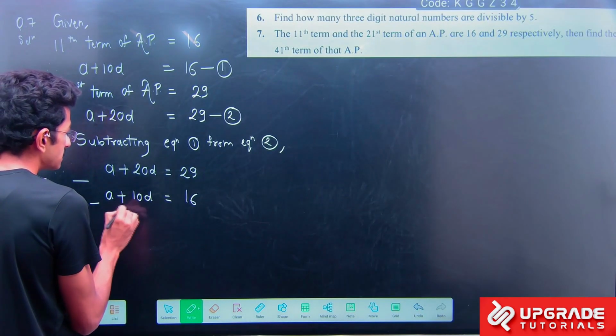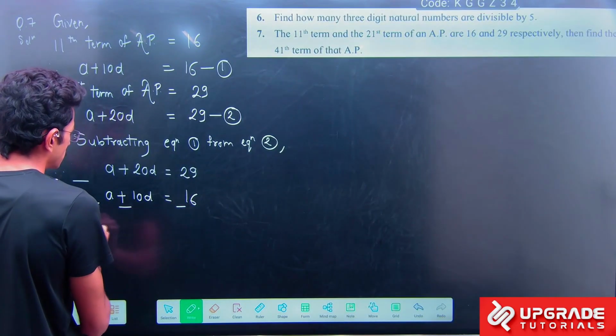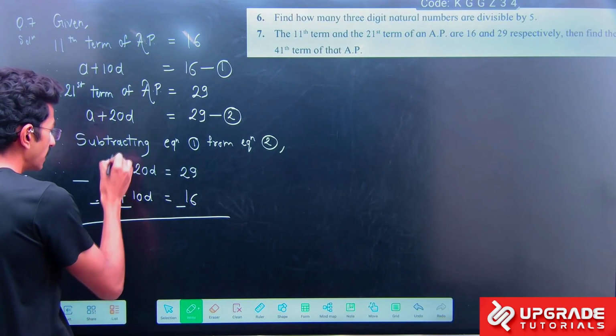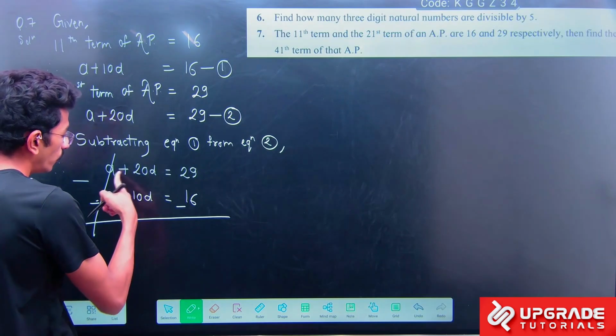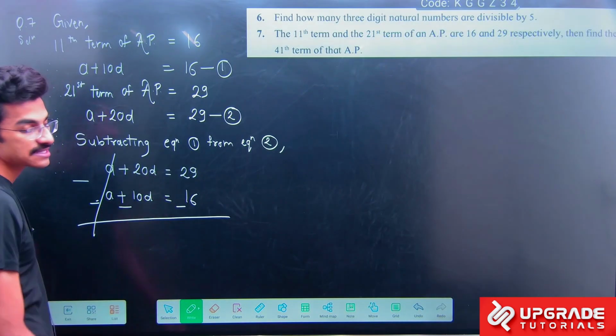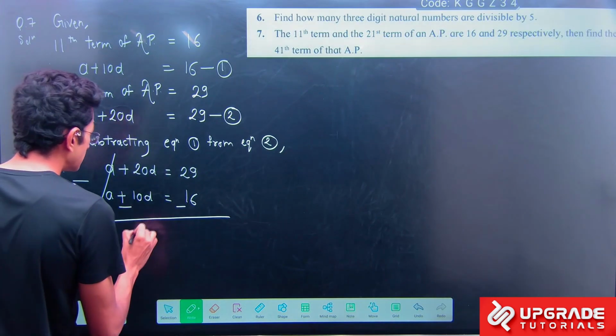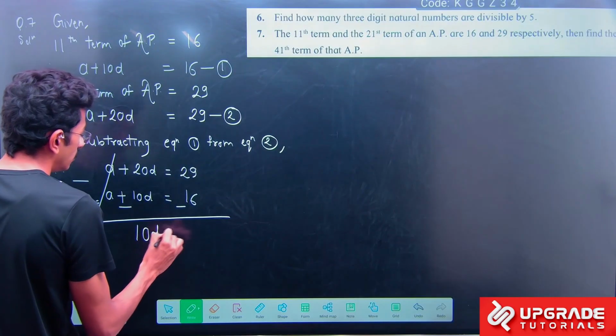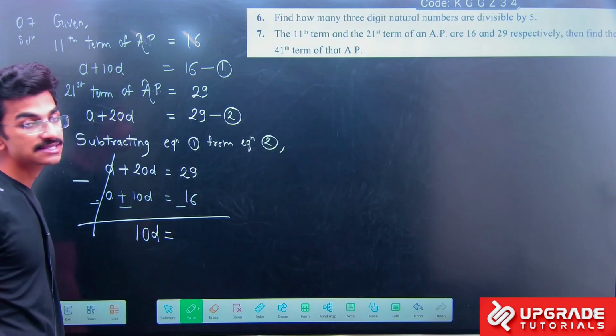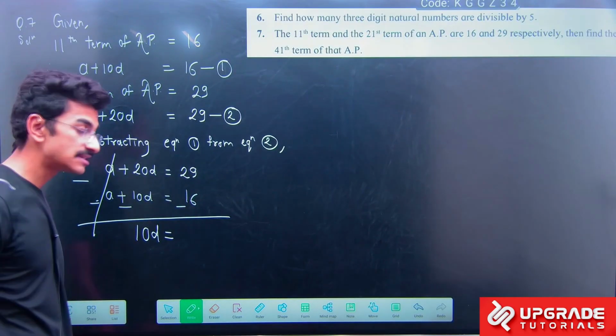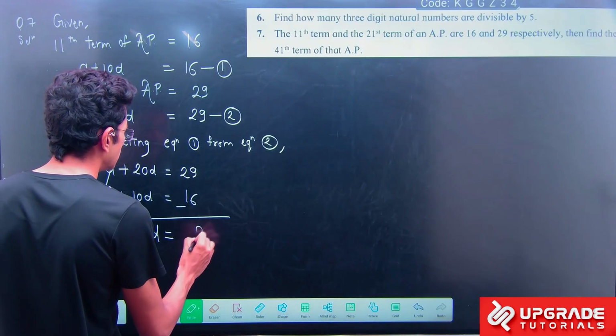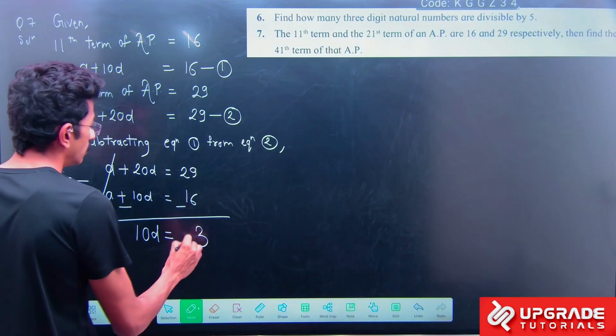Plus a will become minus a, plus will become minus, plus will become minus. Plus a minus a cancel. 20d minus 10d, 20 minus 10 is 10d. And 29 minus 16. What is 29 minus 16? Yes, it's nothing but 13.